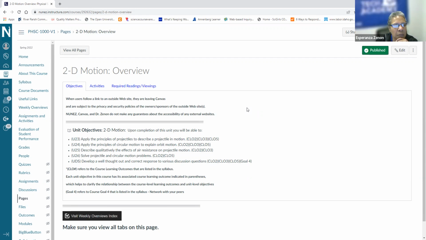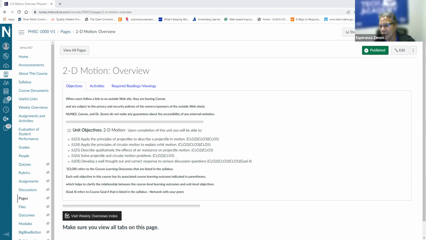particularly orbit type motion. And then, up to this point, we hadn't really focused on air resistance very much. So we're going to have to go back now and kind of hone in on this idea of how air resistance plays a part in this.